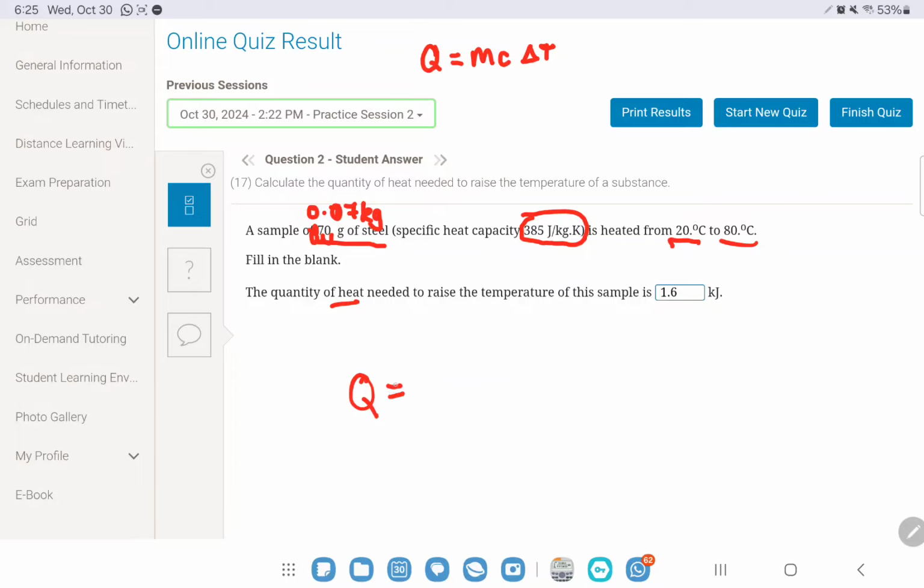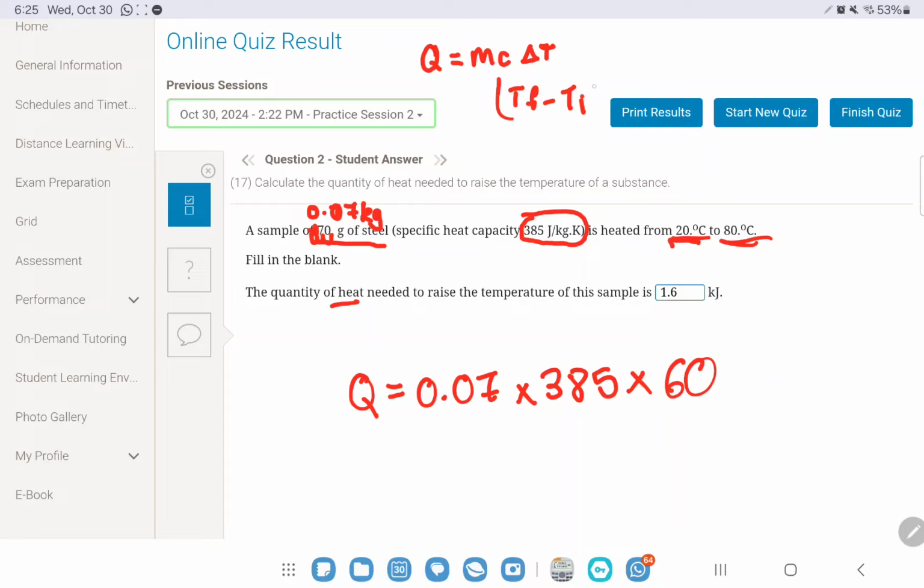So Q equals 0.07 times C. C is always given unless you need to find it, which is the specific heat capacity, 385, times from 20 to 80, which is a difference of 60 degrees Celsius, because this is delta T. Delta T means T final minus T initial. So final minus initial, which is 80 minus 20.